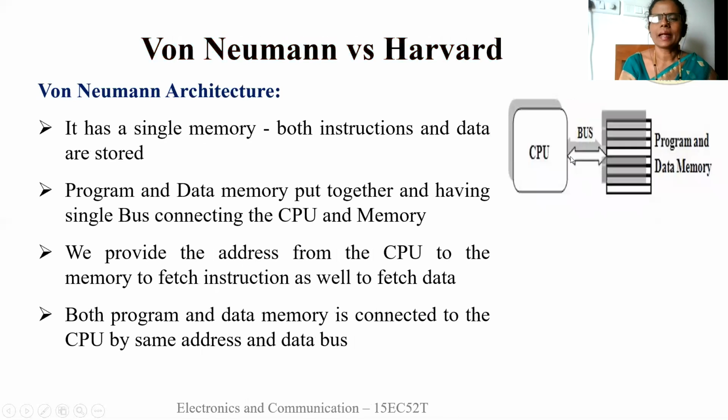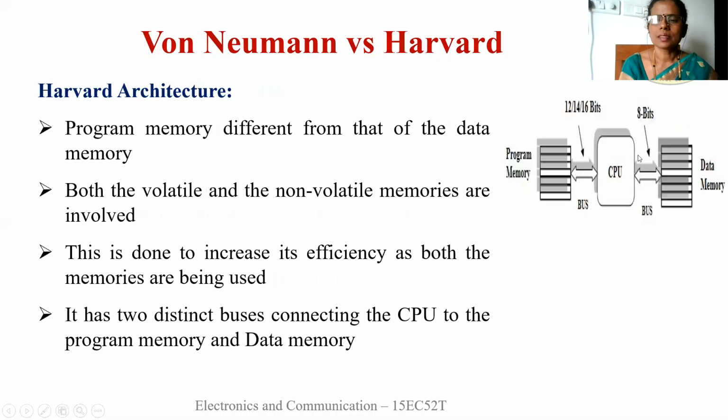In the previous slide, since program and data are both stored in the same memory, if the CPU wants an instruction as well as data, it cannot get both. It can do only one at a time because there is only one memory, so the efficiency decreases. But in hardware architecture, the efficiency increases because it has both program memory and data memory.